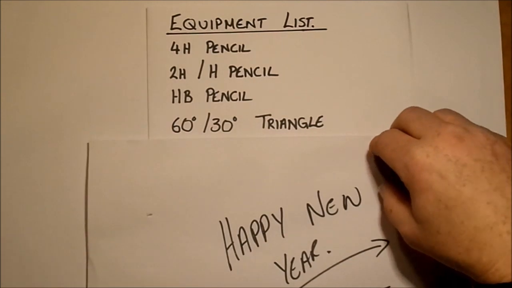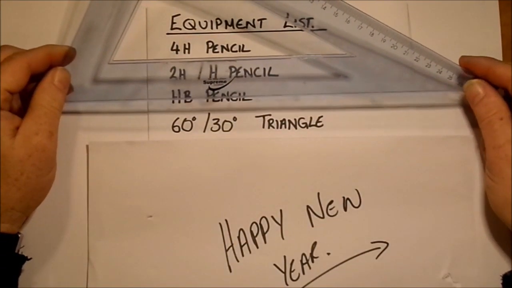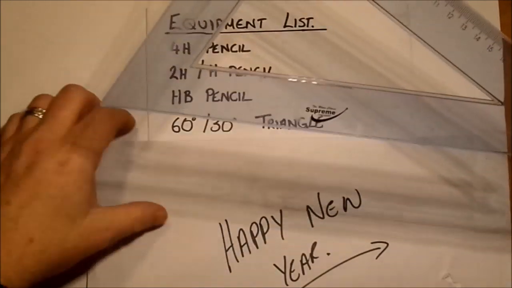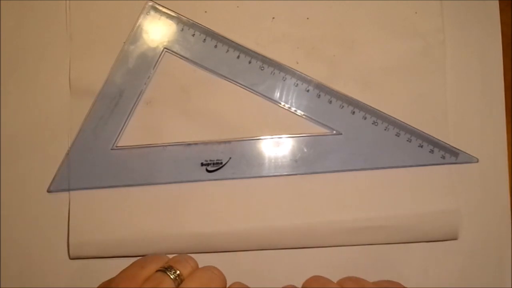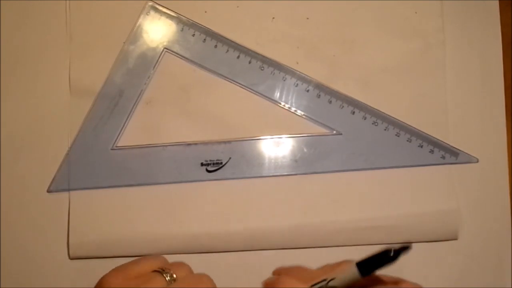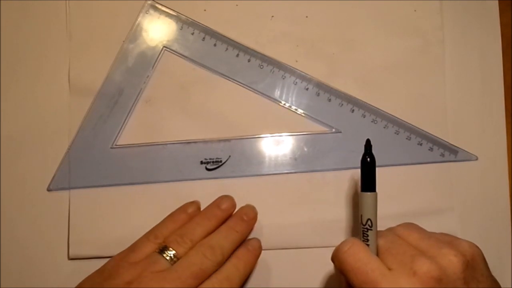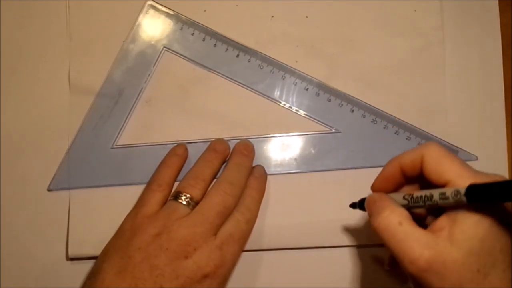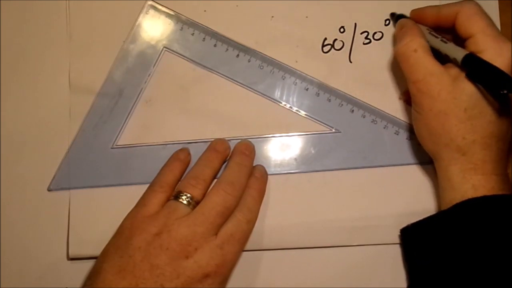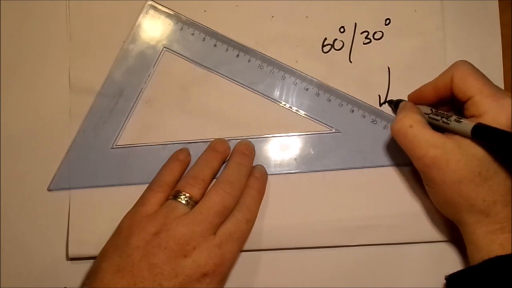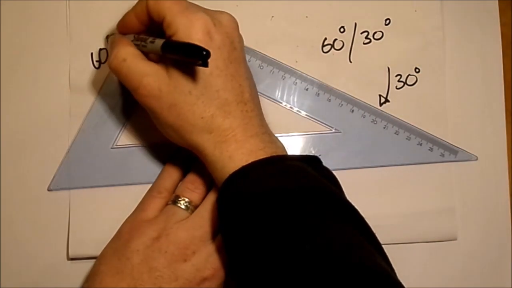You'll also need one of these, a 60-30 triangle. Now, I'll turn this over and I'll put this on here. Some of you, because of either a lack of equipment or you just don't understand what is actually required of you, this is what we call a 60-30 triangle. This side is 30 degrees and this side is 60 degrees.